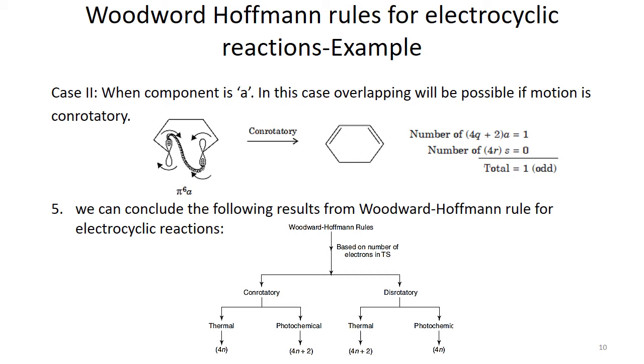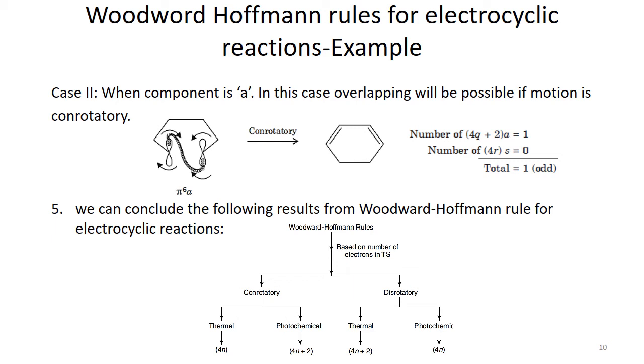If we generalize, what do we do in the Woodward-Hoffmann rule for electrocyclic reactions? First we check the number of electrons in the transition state. In this case there were 6, so we gave it the component pi 6. After that, we decide according to the number of pi electrons whether it shall be conrotatory or disrotatory.